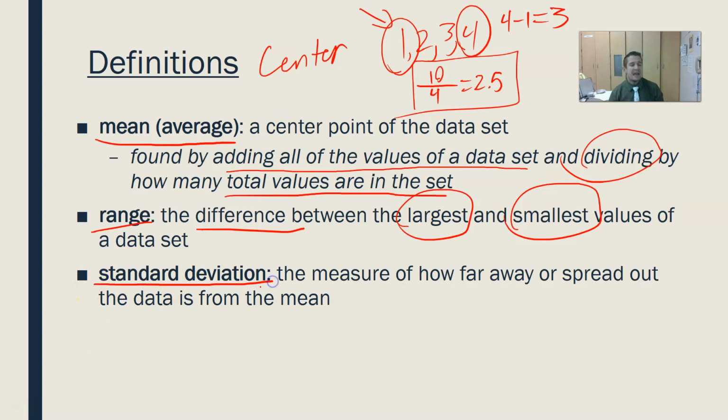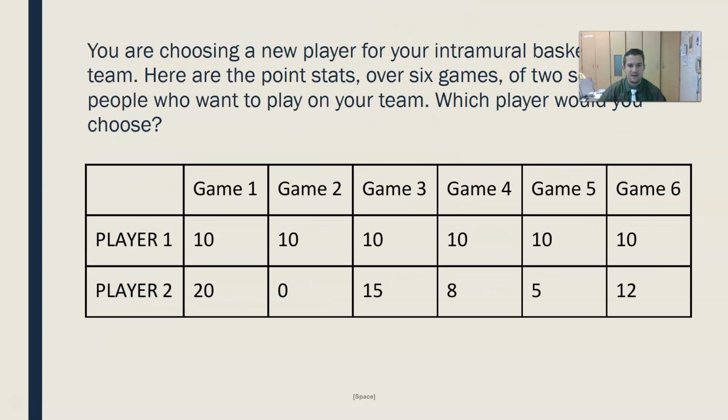Standard deviation might be a word that is less familiar, that you haven't really heard much before. Standard deviation is the measure of how far away or spread out the data is from the mean. So I have this mean, 2.5. Standard deviation is a measure of how spread out the data is from the mean. And we're going to talk about why that's important and how we can find it.